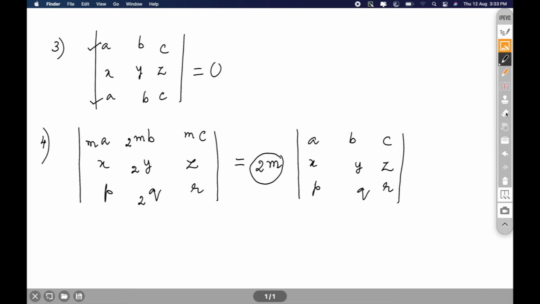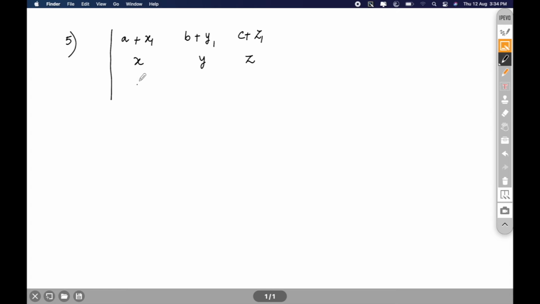Next, the fifth property. Now the fifth property states that when the elements of a particular row are expressed as the sum of two terms, like here a plus x1, b plus y1, c plus z1. This is the first row, x, y, z.